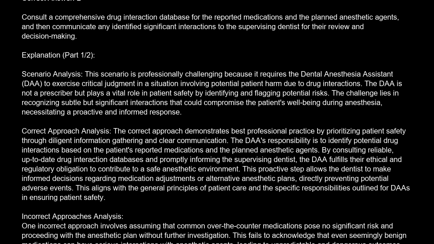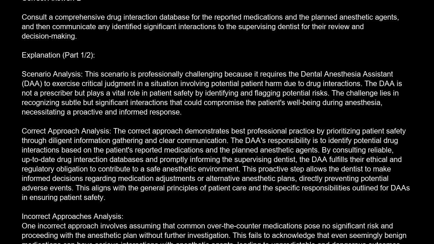Correct approach analysis. The correct approach demonstrates best professional practice by prioritizing patient safety through diligent information gathering and clear communication. The DAA's responsibility is to identify potential drug interactions based on the patient's reported medications and the planned anesthetic agents.